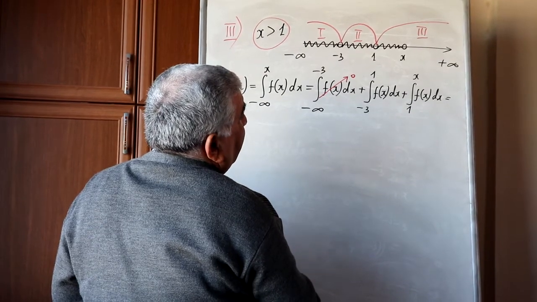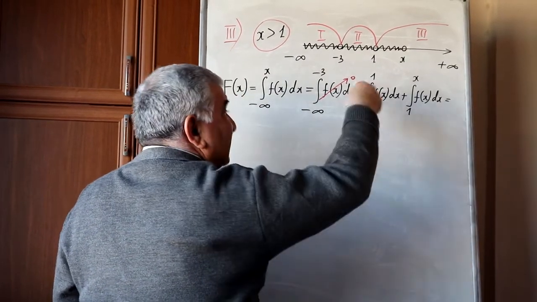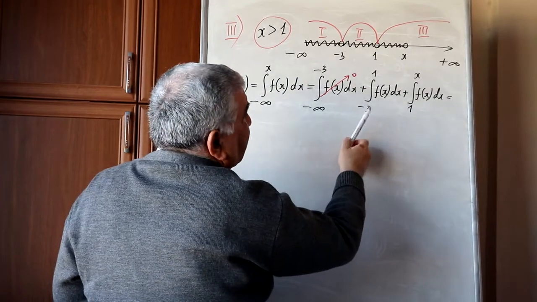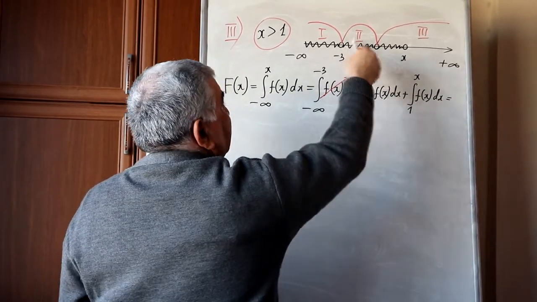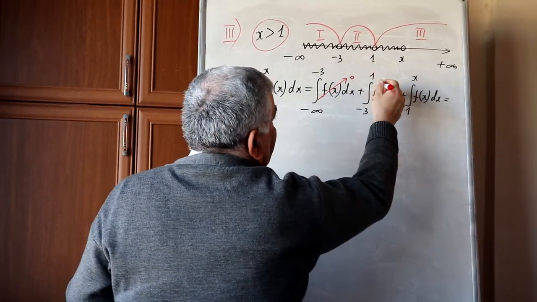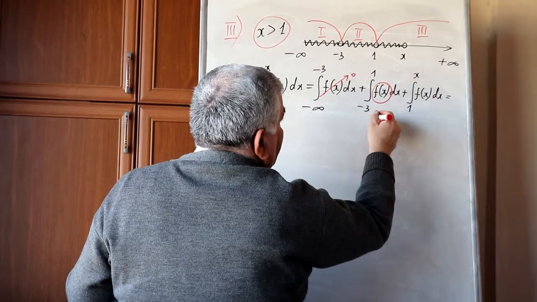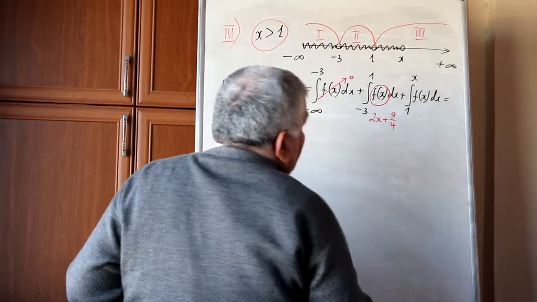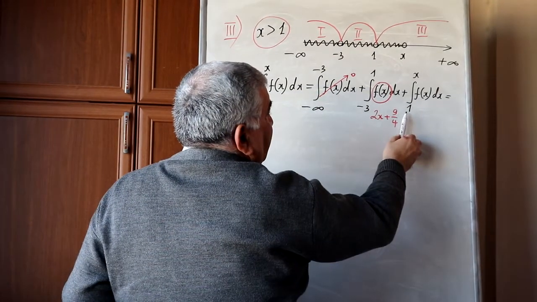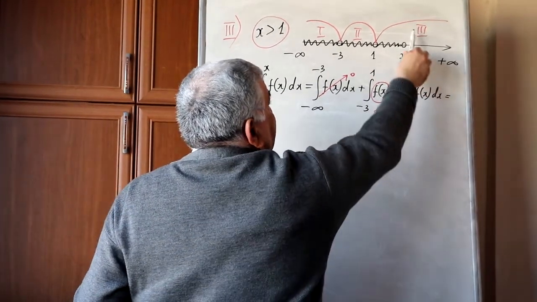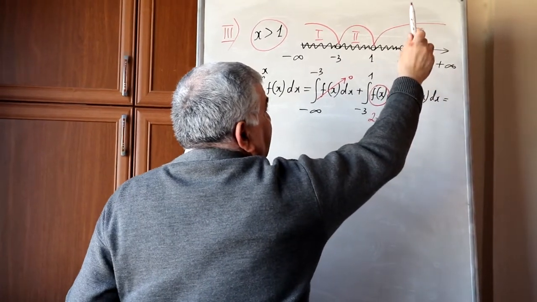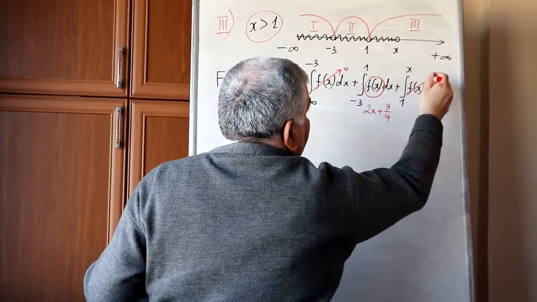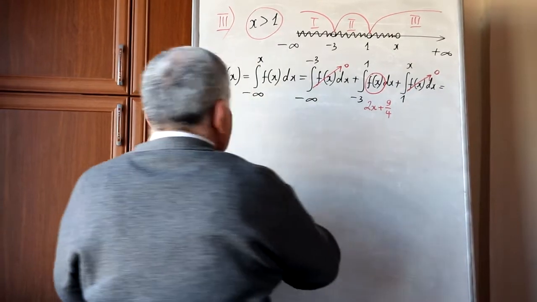The interval of the second integral coincides with the second interval, and in this interval f of x is 2x plus 9/4. And the interval from 1 to x belongs to the third interval, and in the third interval f of x is 0, according to the condition.